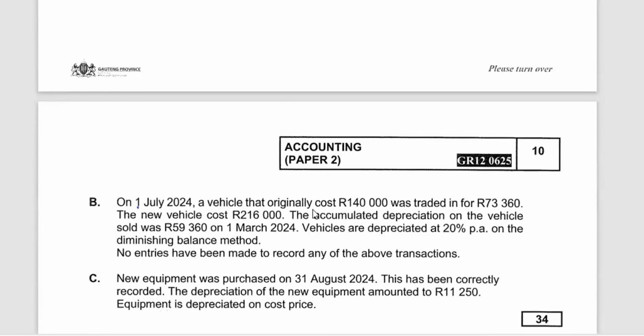Information B says on 1 July 2024, a vehicle that originally cost 140,000 was traded in for 73,360. When we trade in, it's similar to us buying and selling. We are selling our old asset while we are also buying our new asset. The new vehicle cost is 216,000.